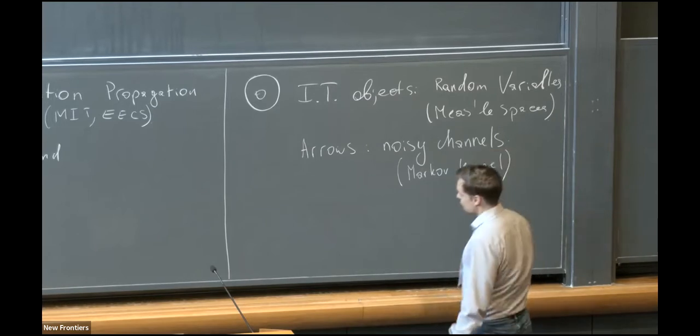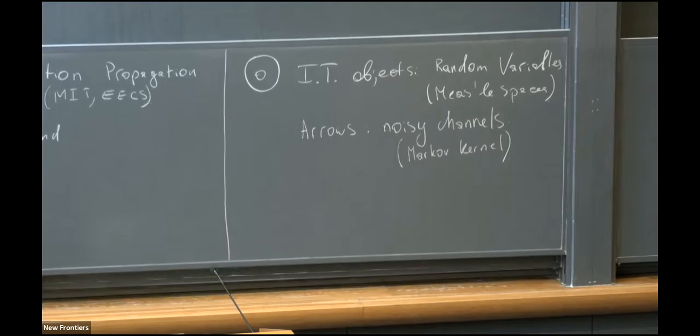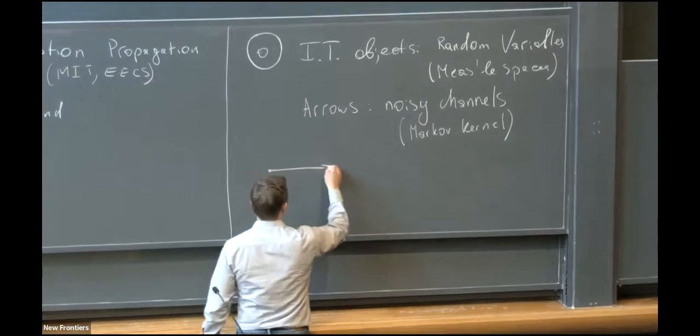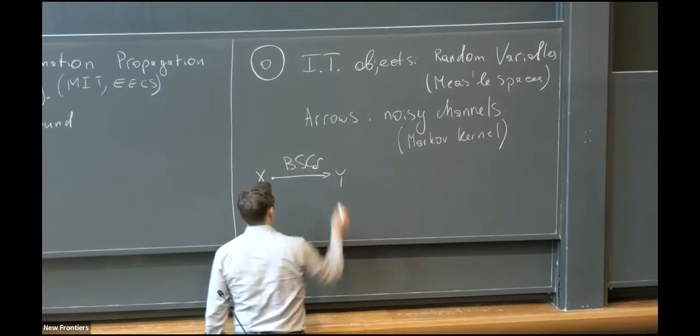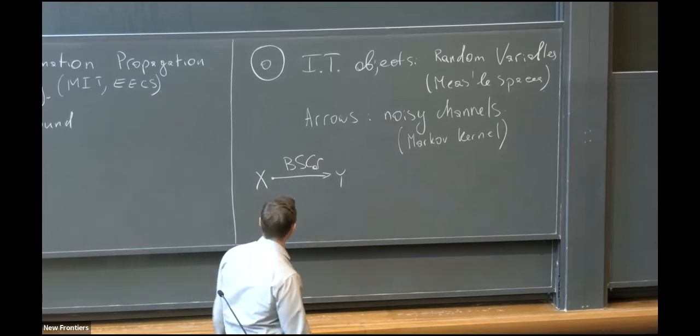So an example of a noisy channel would be this arrow X to Y, which I will call the binary symmetric channel with parameter delta, BSC_delta.